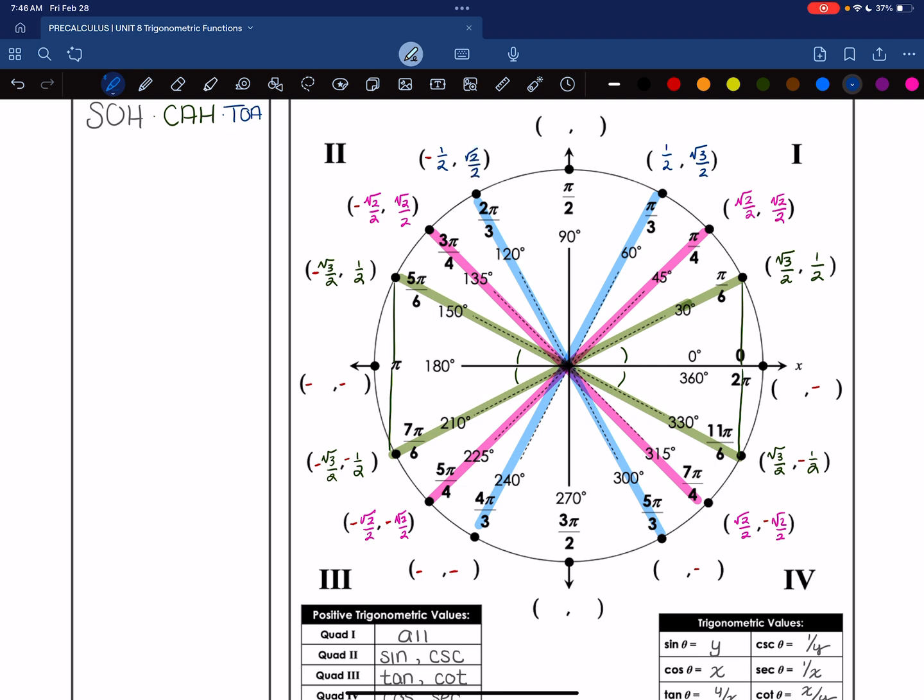In quadrant 3, both are going to be negative. And in quadrant 4, it's just, ooh, sorry, my square root got funny. It's just the square root of 3 over 2, the y value, that's negative.